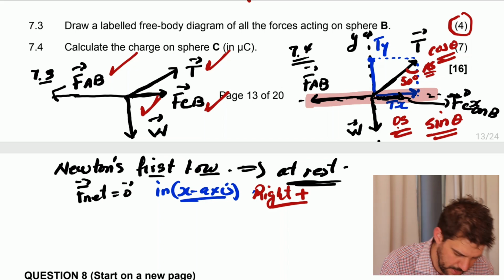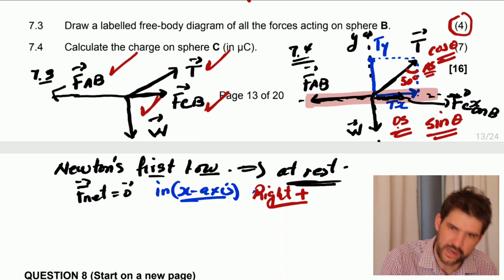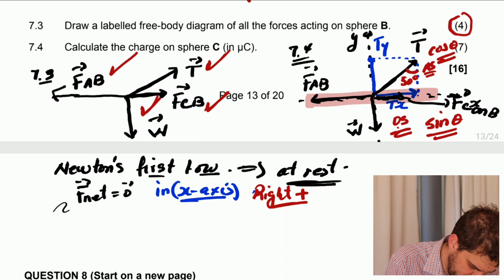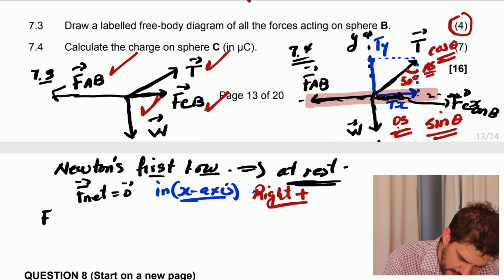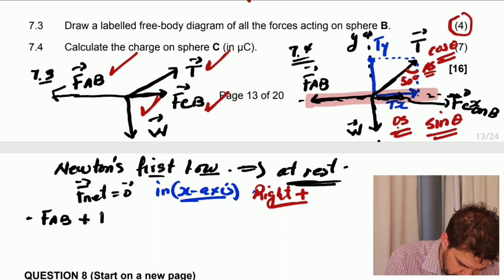It's entirely up to you. So I'm going to already project this one. We have F A on B is negative because it's pointing to the left, plus force C on B. Let me not write C on B, let me write CB, plus tension in the X direction, and this one is equal to 0.